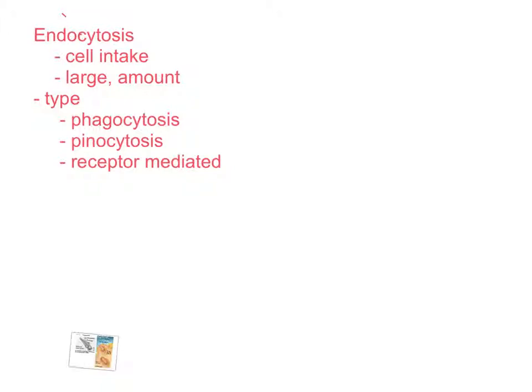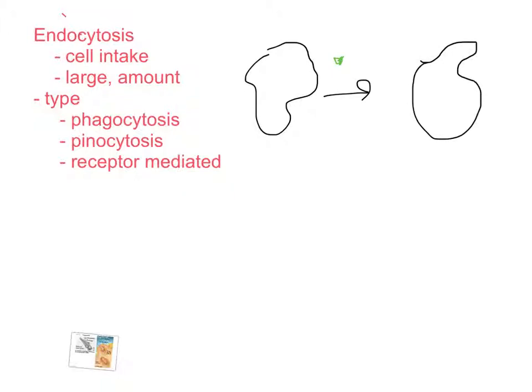So it ends up looking like this: here's our cell, here's our white blood cell, here's our happy, not so happy bacteria. Eventually, the cell will engulf the bacteria.